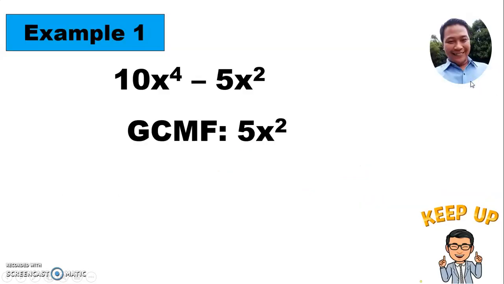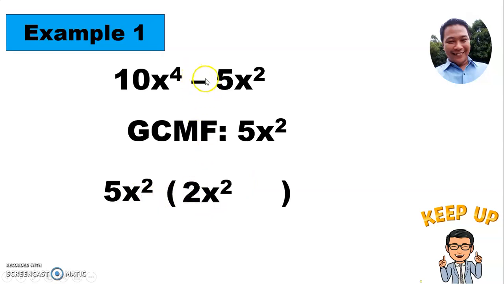Now, going back to our steps, factor out the greatest common factor of each term by dividing all terms by the greatest common monomial factor. So, we factor out the greatest common monomial factor, which is 5x squared. And we are going to divide each term by it. 10x raised to the fourth power divided by 5x squared, the quotient will be 2x squared.